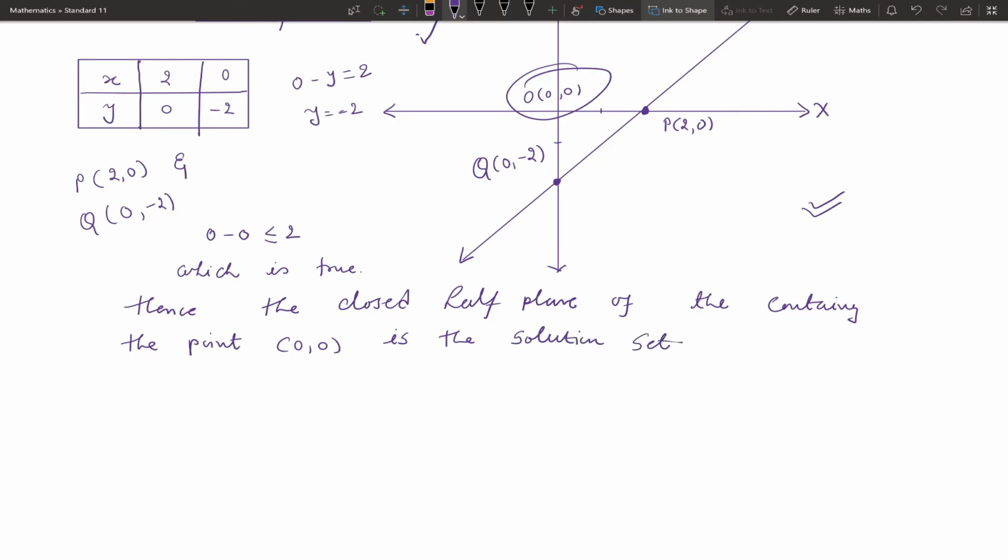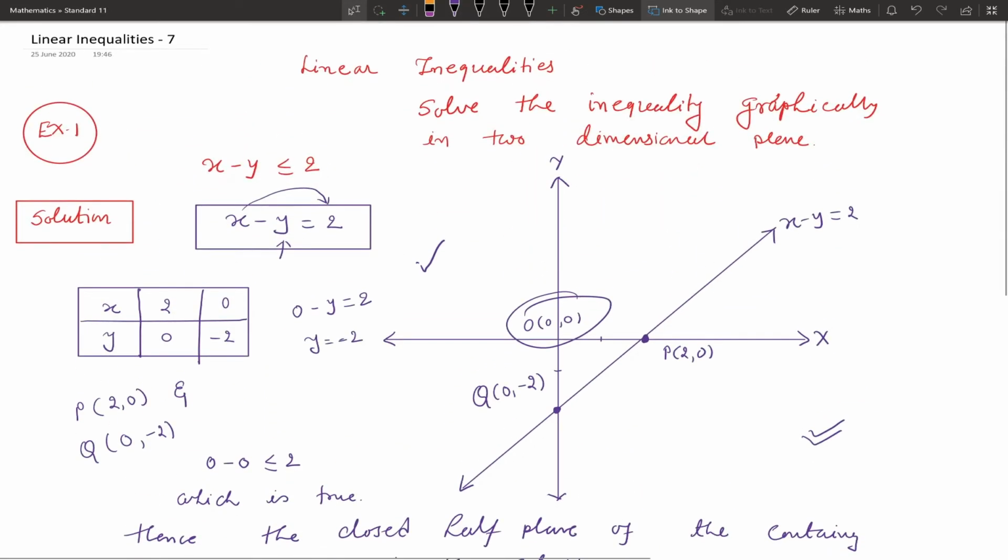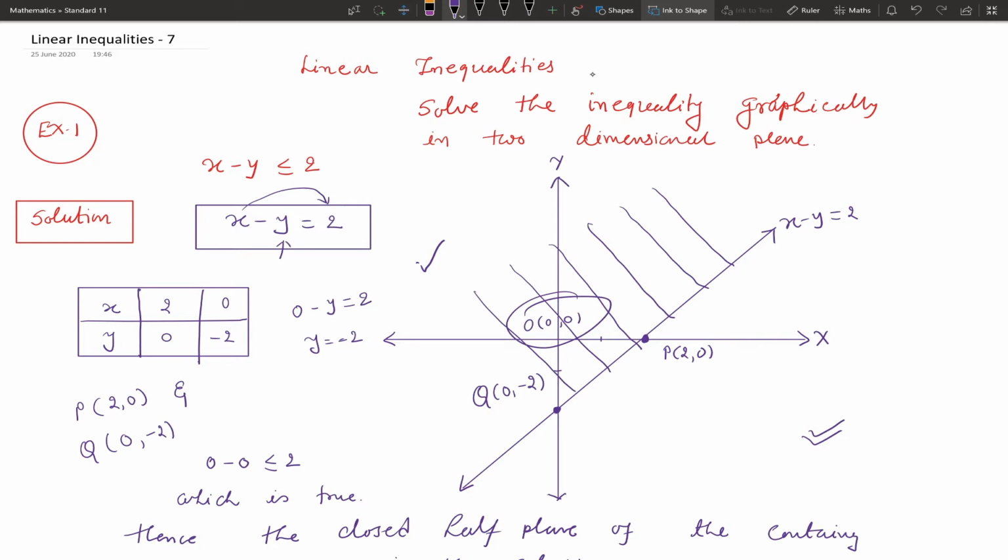So now we denote this solution portion in the graph. You can also denote in the notebook by a shaded portion. So this is the solution.